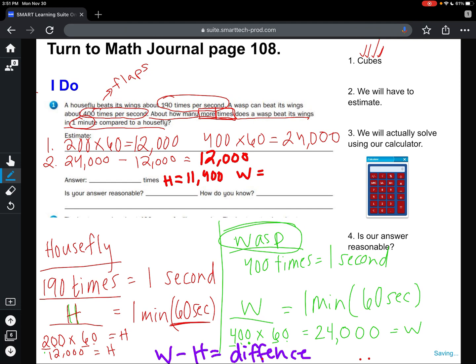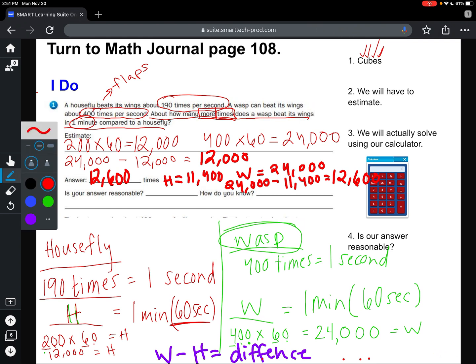So it was 400 times 60, which was 24,000. Then I would punch in my calculator 24,000 minus 11,400. And that would give me my answer of 12,600. That's what I typed into my calculator.